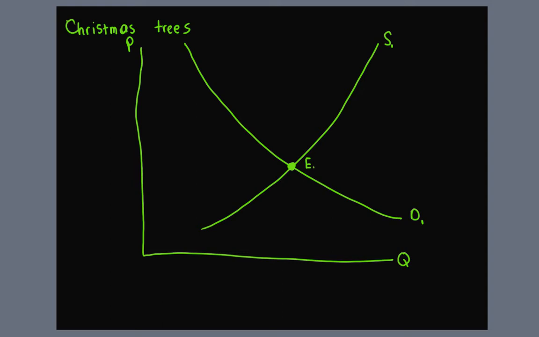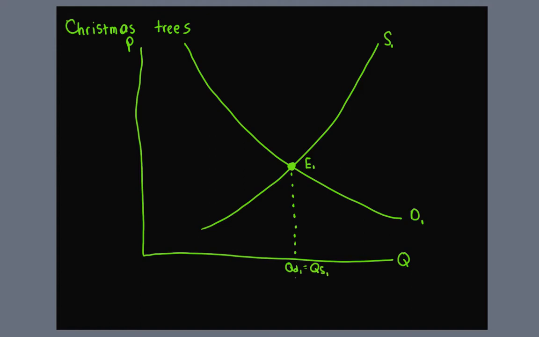So I have quantity demanded here, which also happens to be quantity supplied, and that is exactly what should happen when we're at an equilibrium. So this is my equilibrium quantity, the first one. And there is a price that corresponds to this quantity.